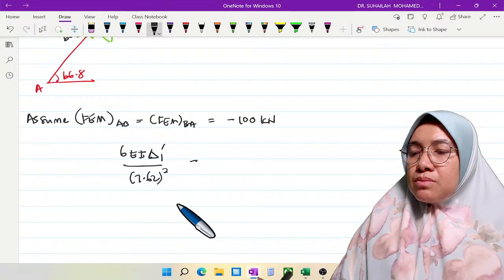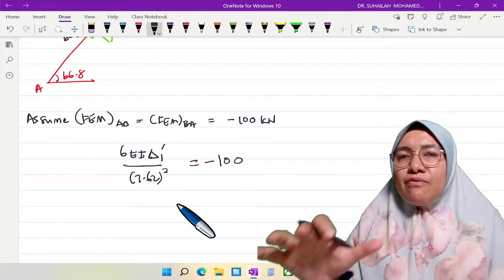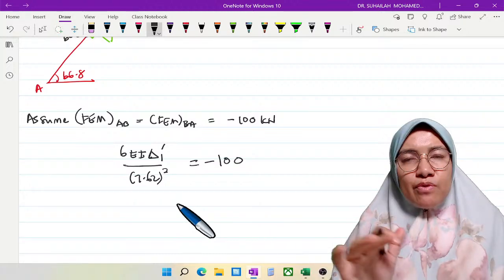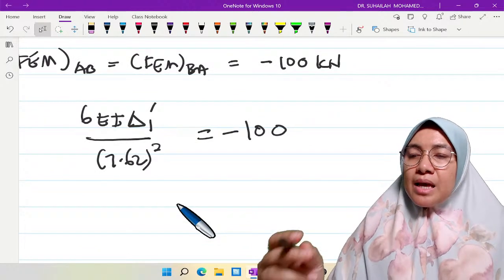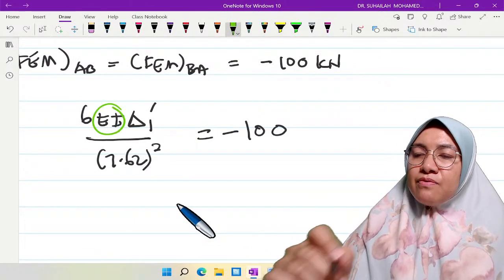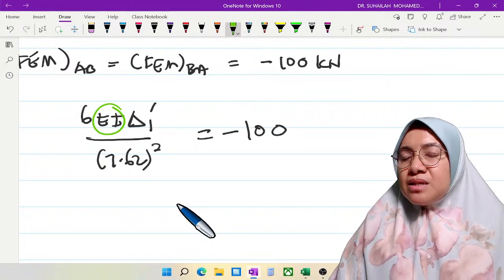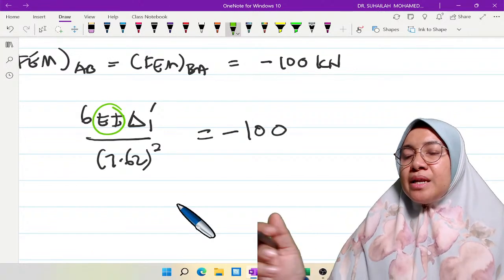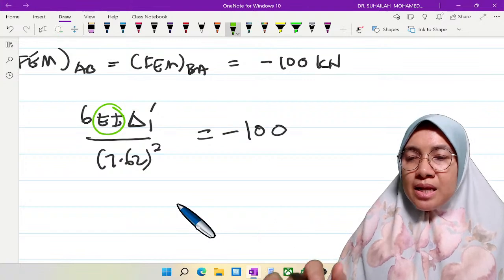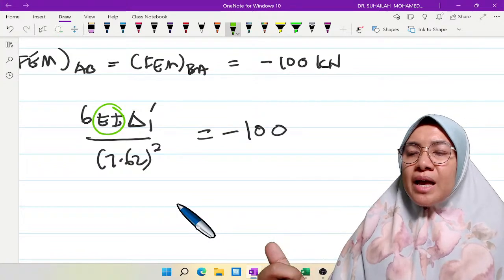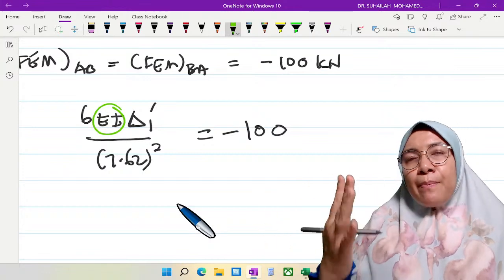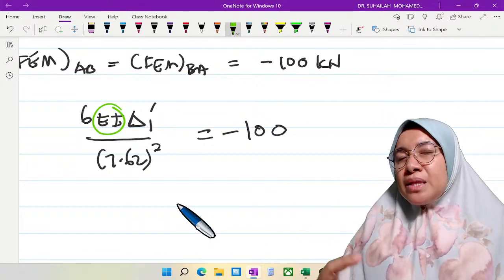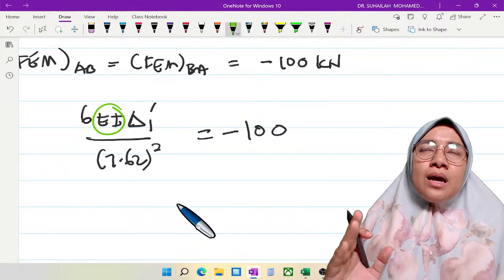Negative 100. So in this formula, what do we have? We have E, we have I. EI is actually flexural rigidity. And then we have delta, and then we have L. So EI, delta and L, these four are actually called parameters.